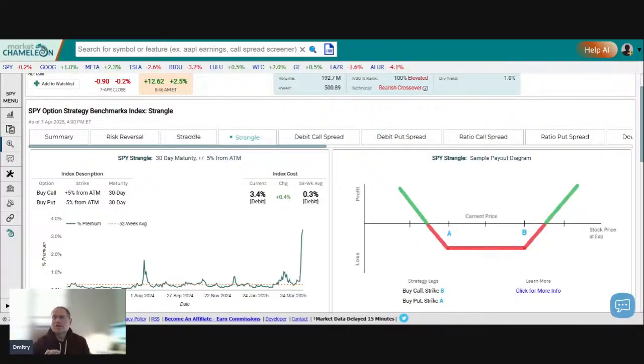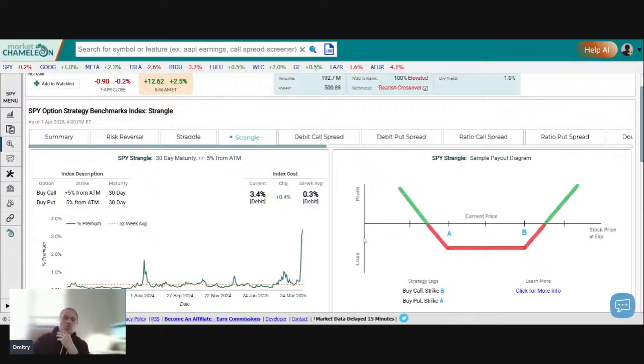We may want to compare it across different expirations, and we might want to compare it within expirations but across different types of securities, like SPY versus QQQ, or SPY versus a security like Apple. And to do this, we need a benchmark.